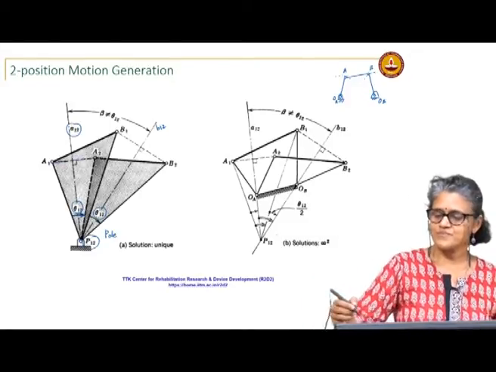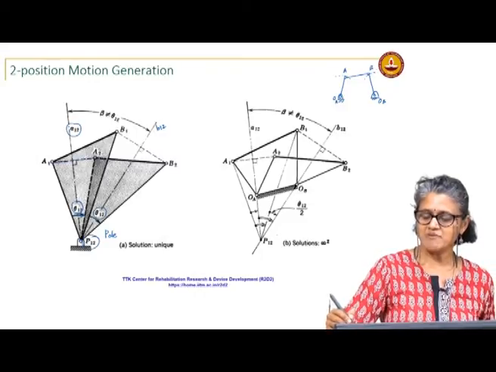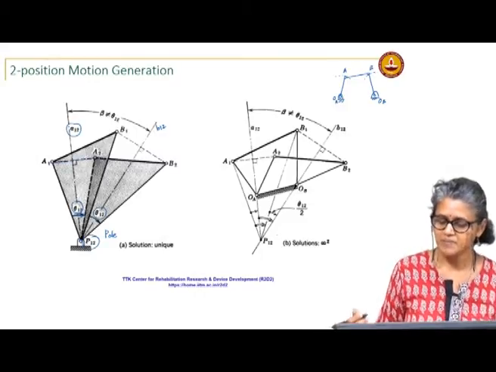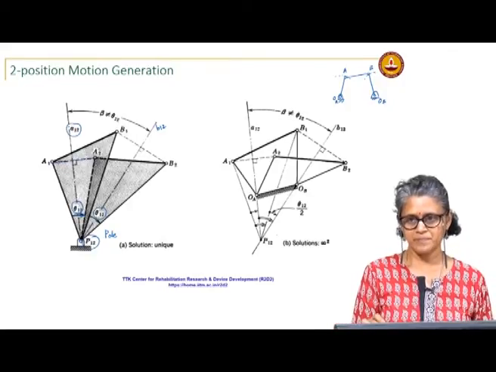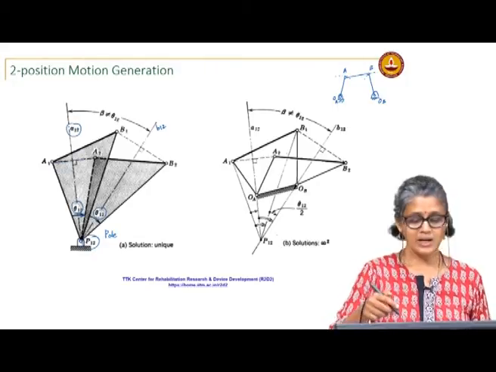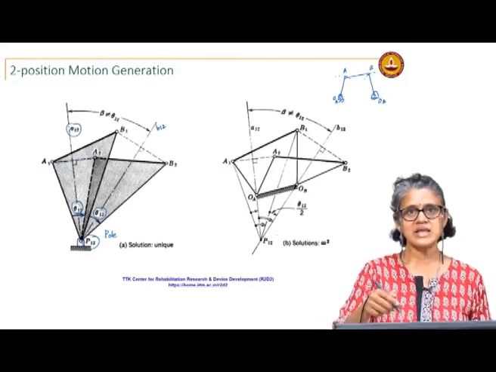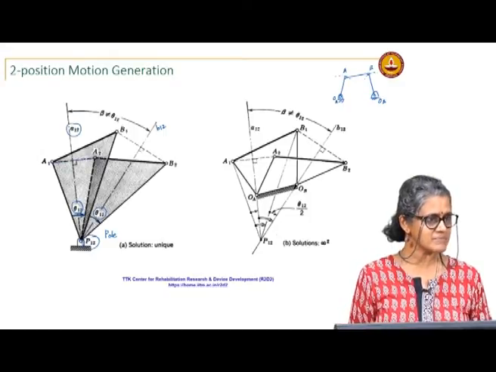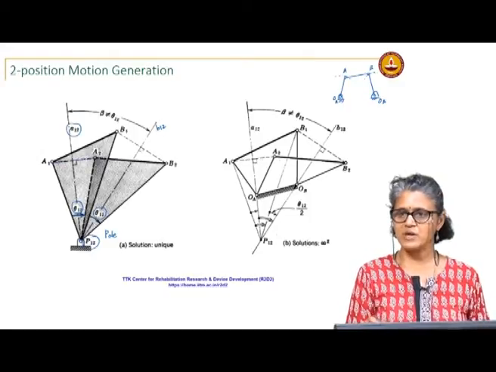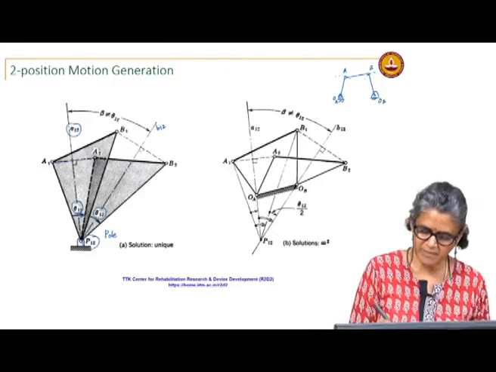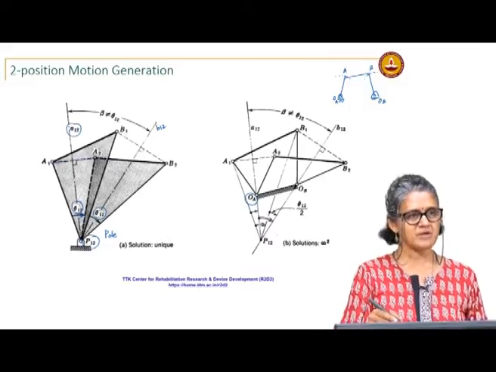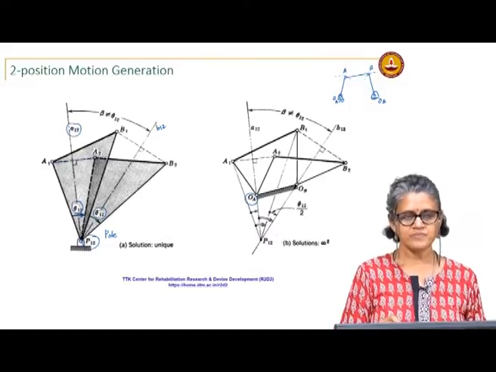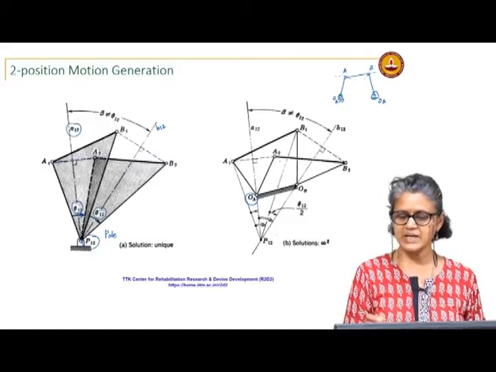So, when you pivot, it traces an arc. That means the two positions of A lie on an arc, so the center of rotation will lie somewhere on the perpendicular bisector of A1 and A2. Okay. So, if I pick my OA somewhere on the perpendicular bisector of A1 A2, then A1 will move to A2 along an arc, right.